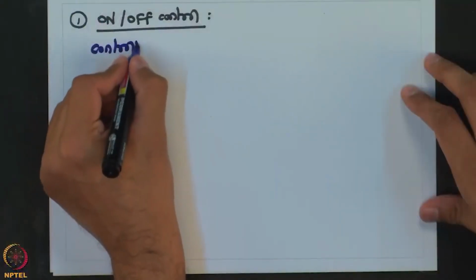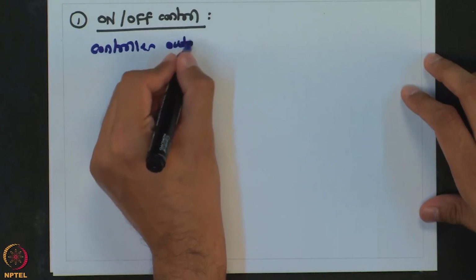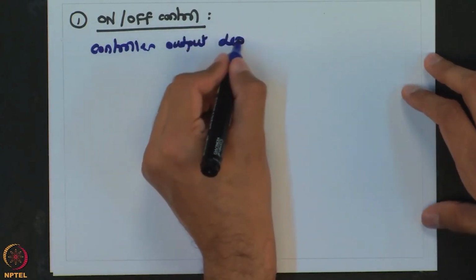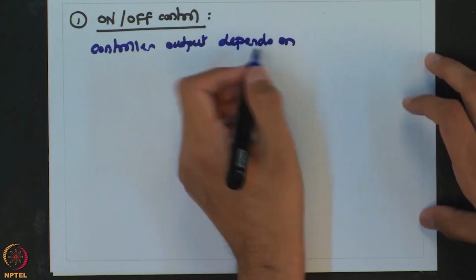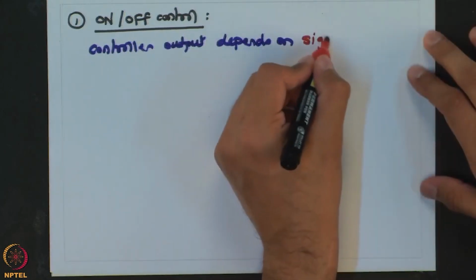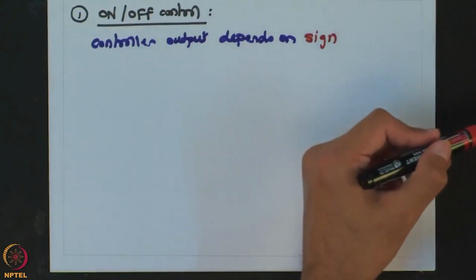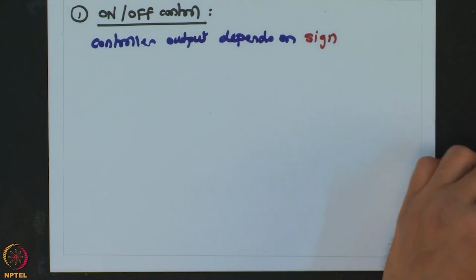So, on off controller, the philosophy is that the controller output depends on the sign of the error.